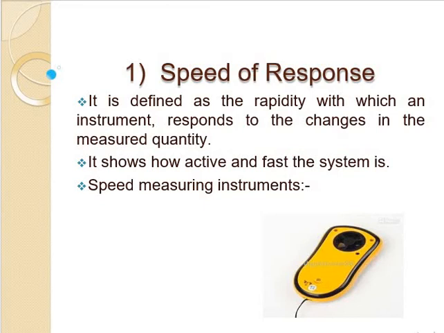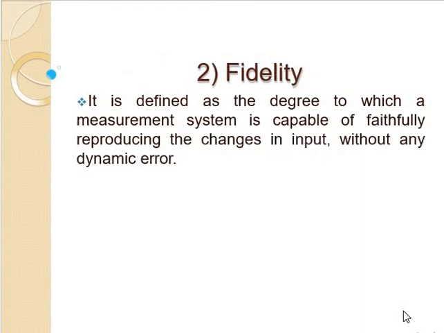The measured quantity changes according to speed, and that velocity of response is called speed of response. Generally speed of response shows active and fast systems. Next one, fidelity.